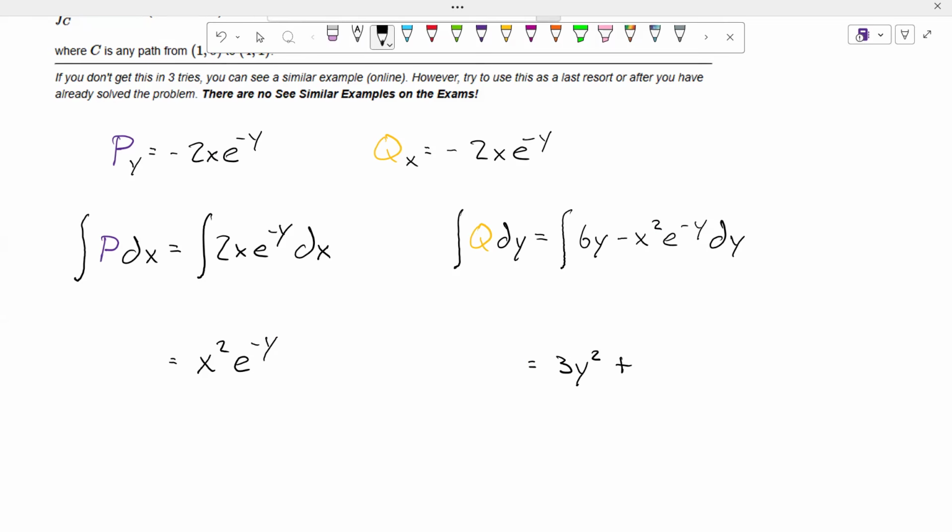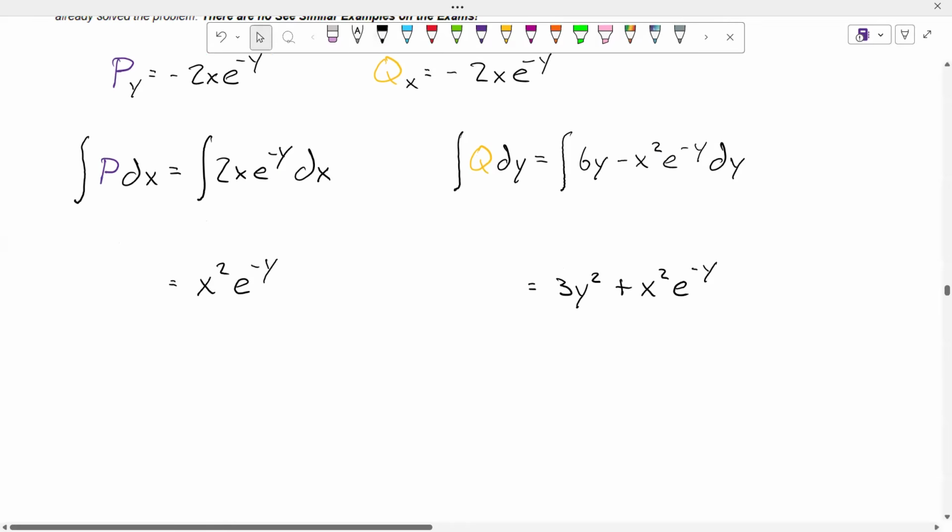So this thing comes back to positive x squared e to the negative y. And then check between those two integrals to put the function back together. I should really see that things that look similar on both sides end up being exactly the same. Because this thing is a conservative vector field, they must have come from the same original potential function, which in our case is 3y squared.